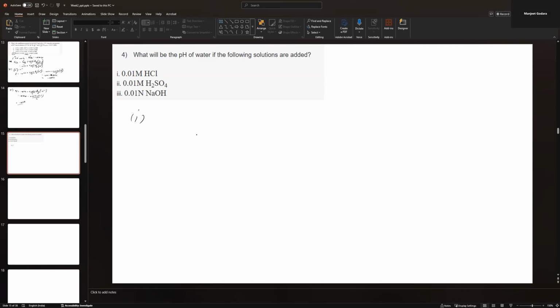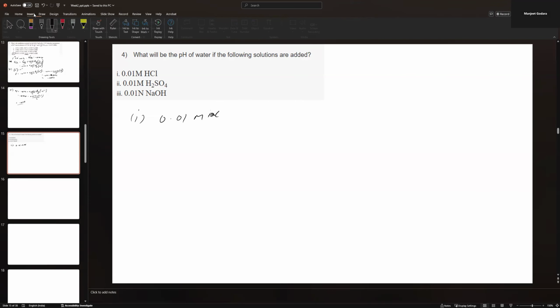First one, 0.01 molar HCl. This would dissociate into H plus and Cl minus in water.